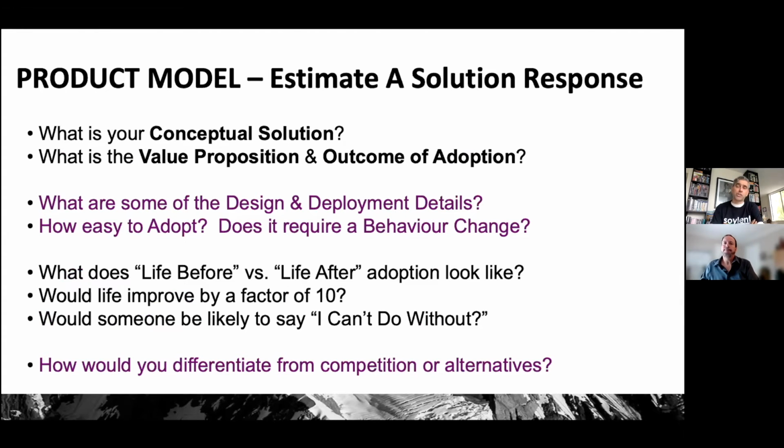Then we switch gears and we say, okay, how are we thinking about our product and our solution, how it should be designed, how it should be delivered? Where are we not entirely certain about exactly what that product design and delivery model should look like?